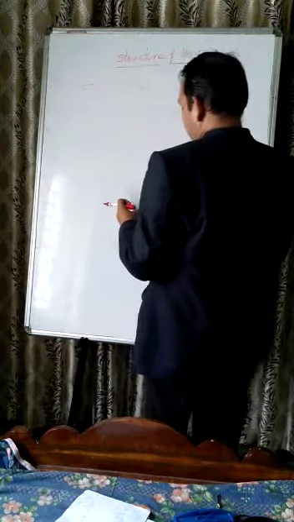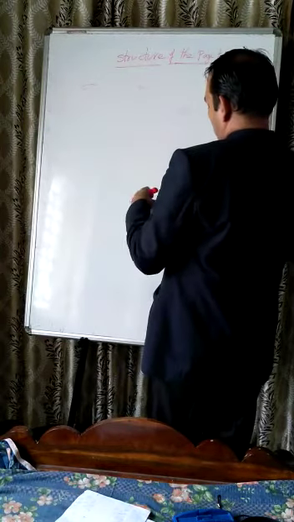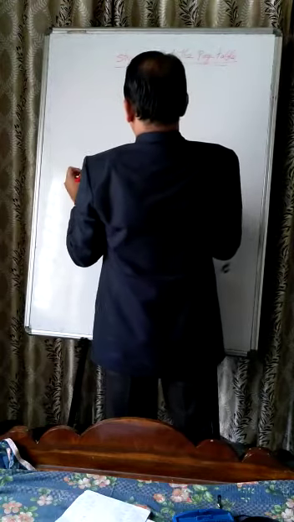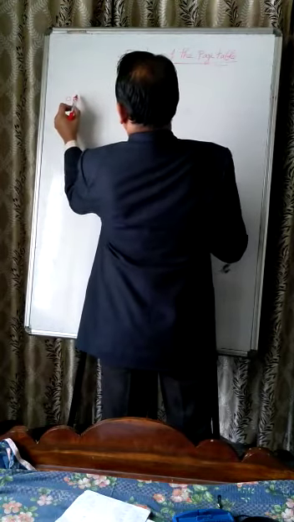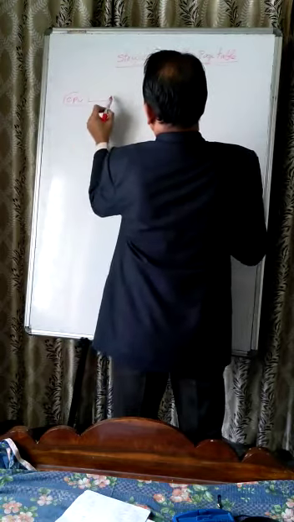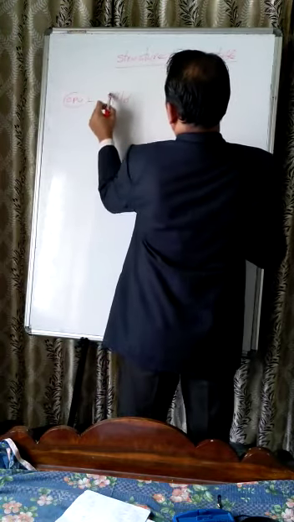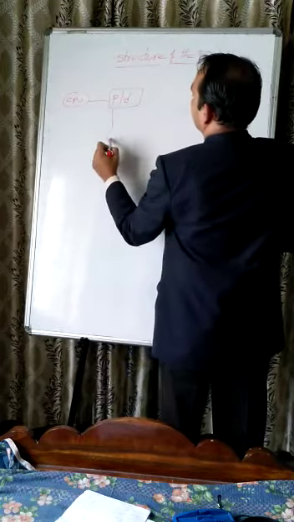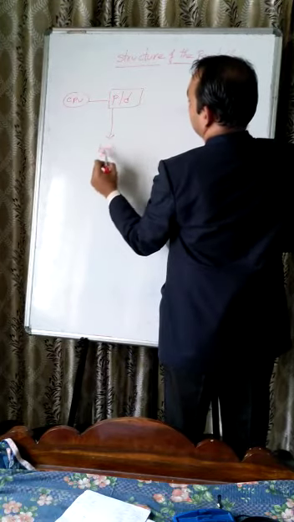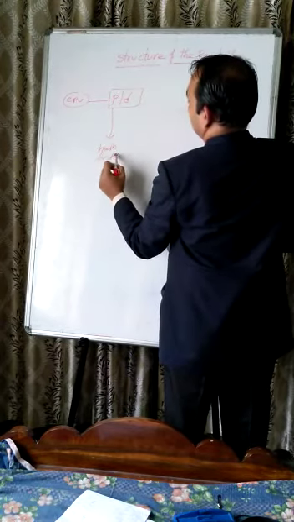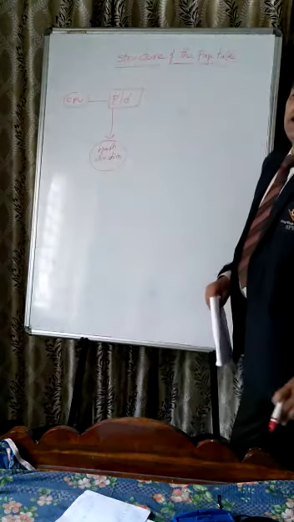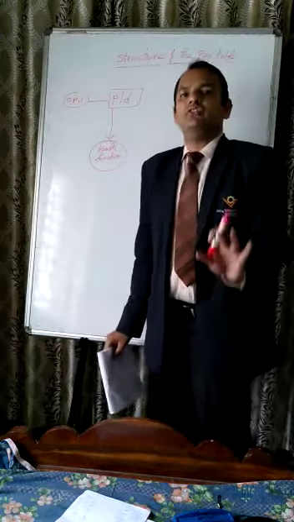Kindly note down this diagram, then we'll follow the technique behind this. The CPU always generates the logical address, page number and offset, and this is the hash function. The hash function input is the page number.